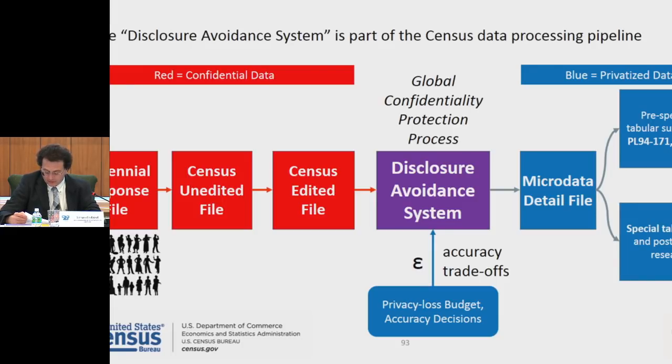The pipeline starts with the collection of data from respondents using the Internet Self-Response Instrument, the telephone self-response system, the paper census form, and census enumerators. That information is used to create the decennial response file. From there, the primary selection algorithm creates the census unedited file. Through the process of editing and imputation, we create the census edited file.